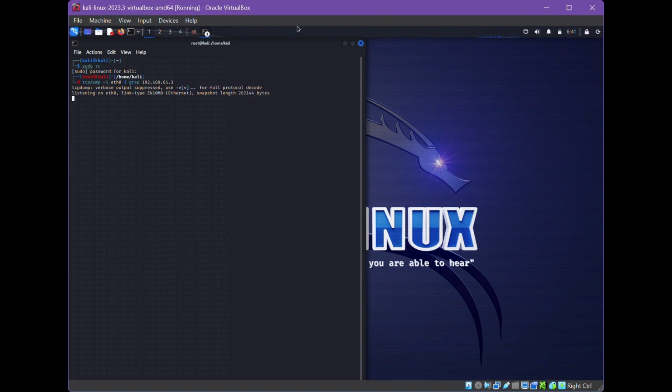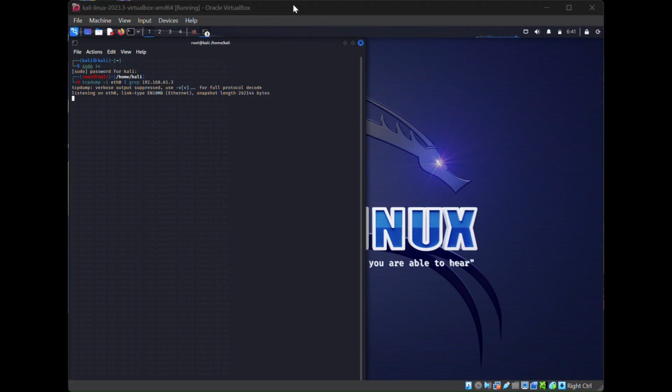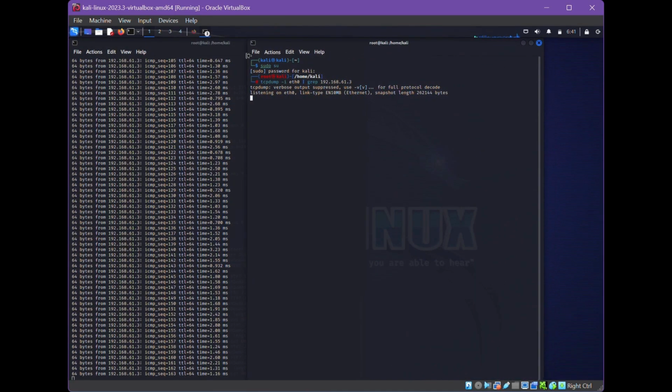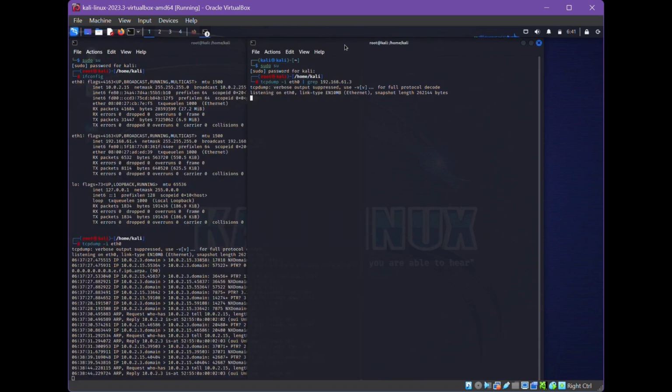Basically, this will take a while. Instead of searching for one specific IP, we can also see for all the traffic generally, like all the handshakes and every packet that is being captured here.